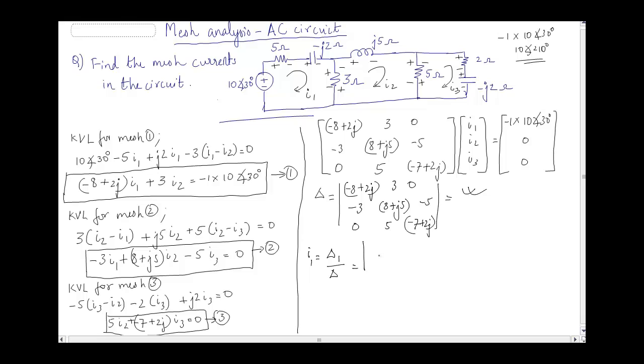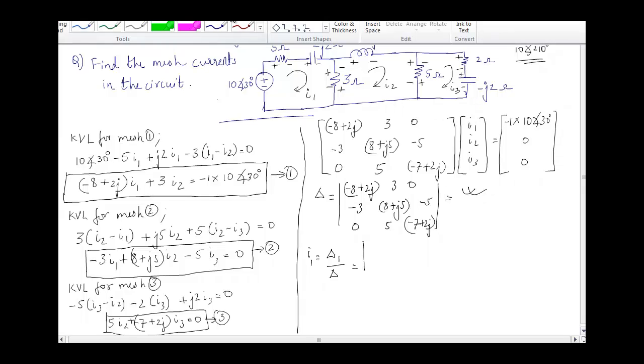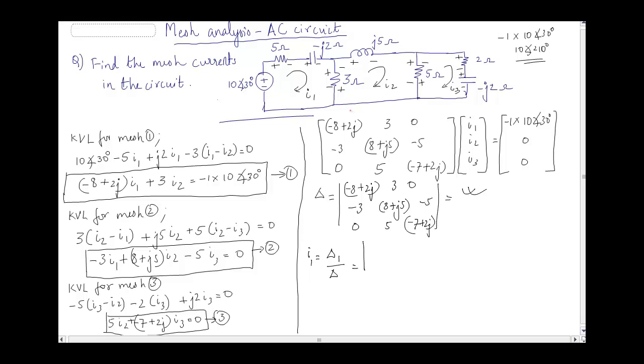Delta 1 is basically when you multiply this one, it multiplies like this. This is multiplied with I1, this is I2, and this is I3. So this is the column of I1, this is the column of I2, and this is the column of I3. For finding I1, when I say delta 1 divided by delta, delta is this one, whereas delta 1 is given by replacing I1 with this particular column.